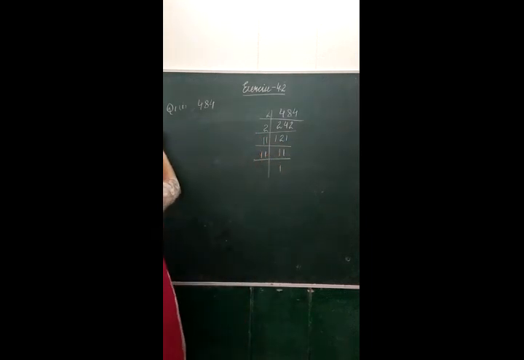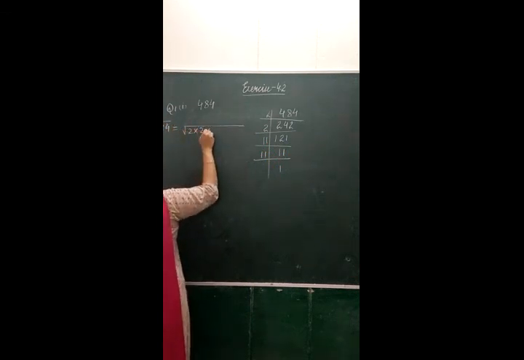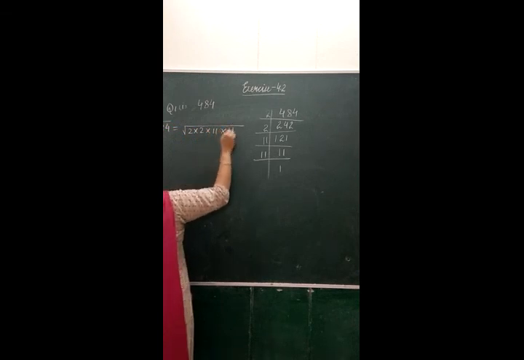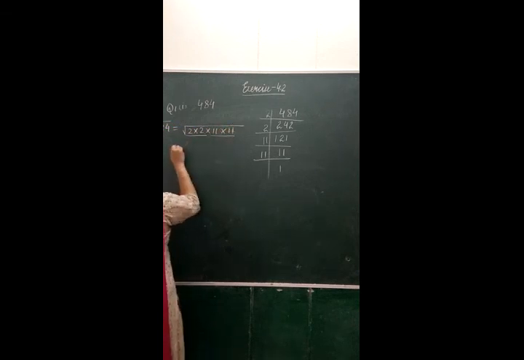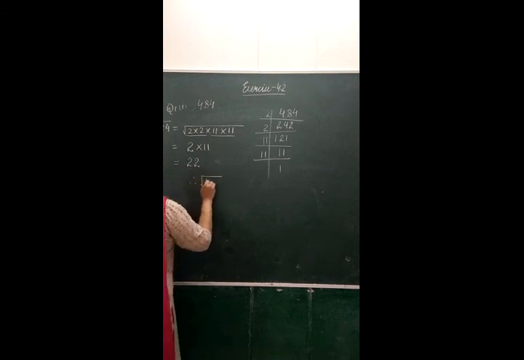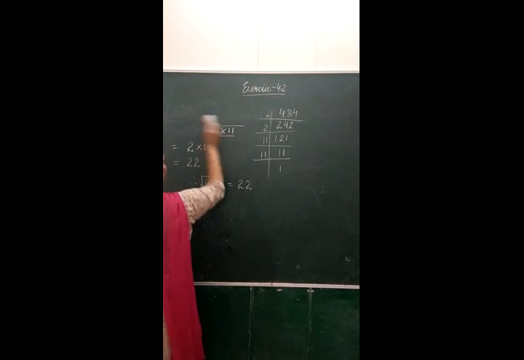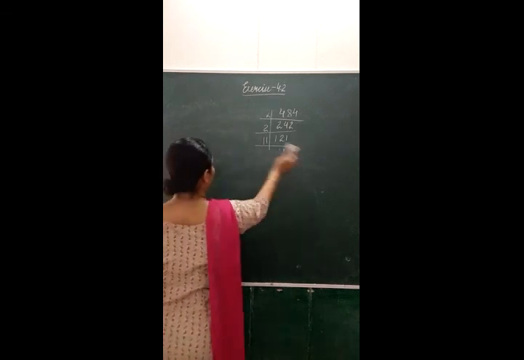So that means under root 484 can be written as root 2 into 2 into 11 into 11. Make the pairs of the same numbers. We will take a single number from each pair. So that means the square root of 484 is 22.